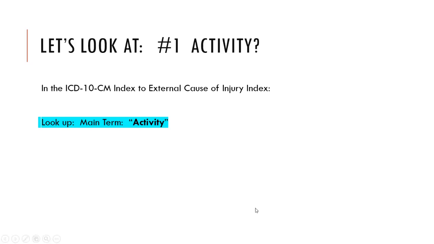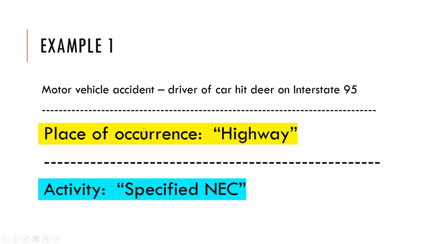So, looking at activity in your Index to External Cause of Injuries in ICD-10-CM, look up the main term activity. Let's look at these examples again. We said it was a motor vehicle accident. Driver of the car hit a deer on Interstate 95. The place was the highway.